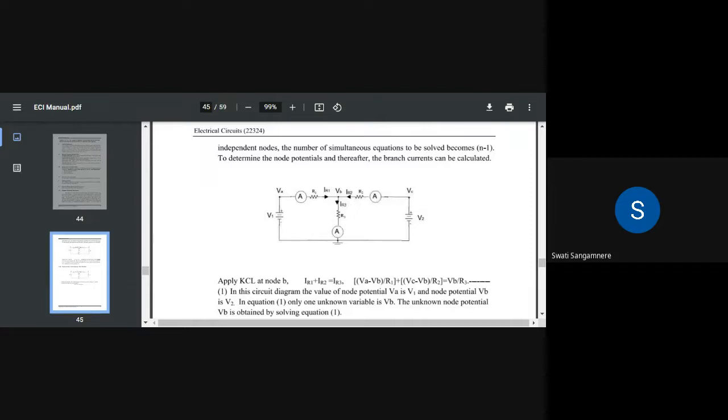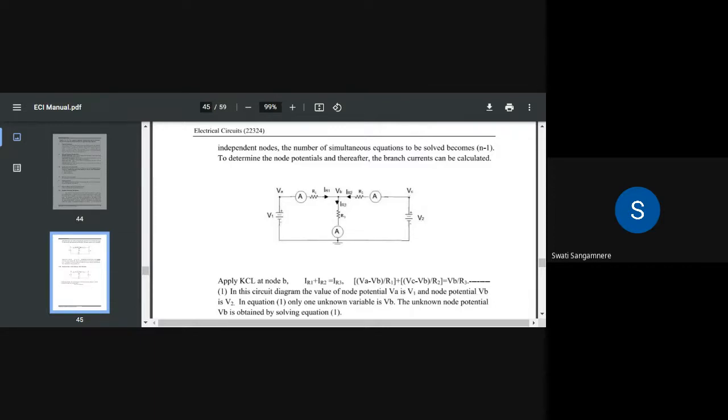This circuit has two loops. Here the nodes are VB and VC, so this circuit consists of three nodes: first VA, then VB and VC.